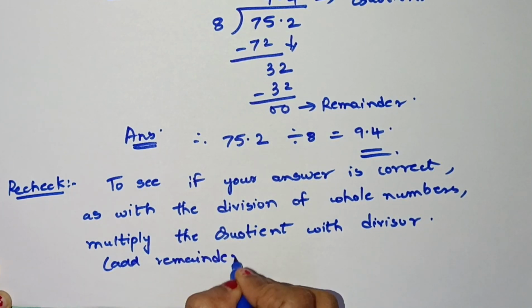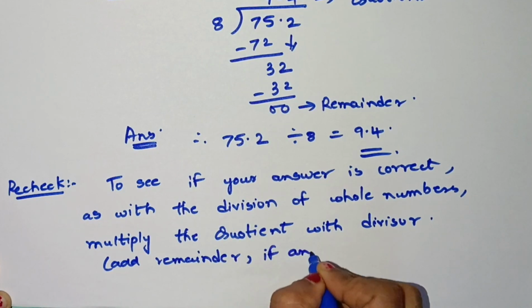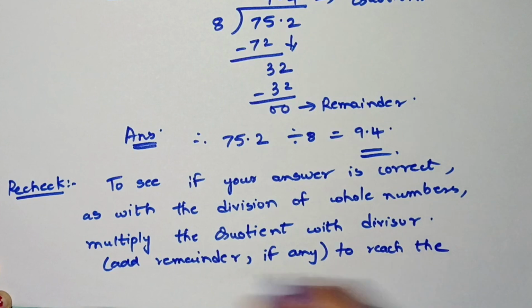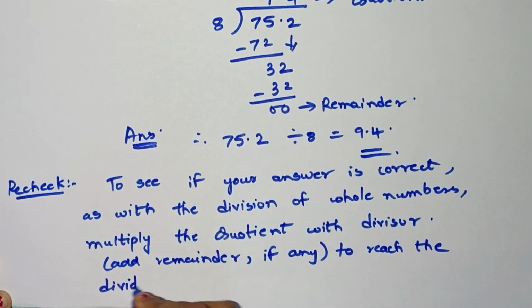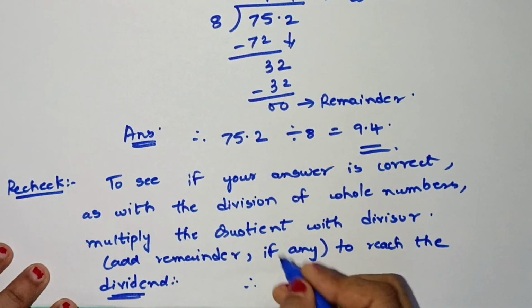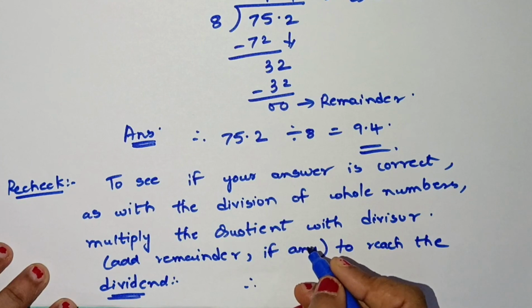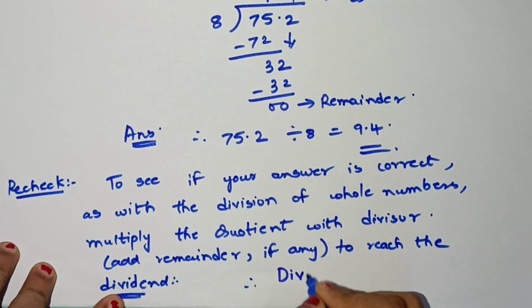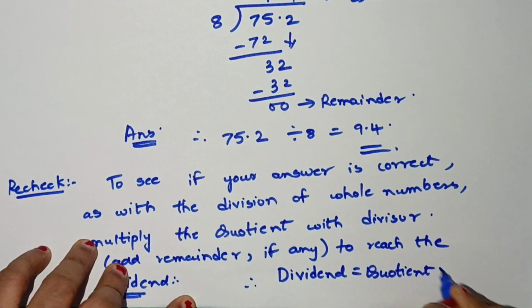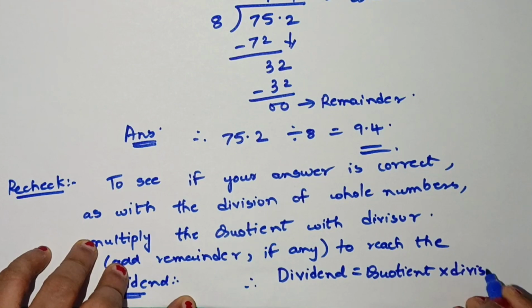Okay, add remainder if any, to reach what? To get the answer of dividend. Therefore, dividend is equal to quotient into divisor. Please learn this very important formula. Dividend is equal to quotient into divisor plus remainder.